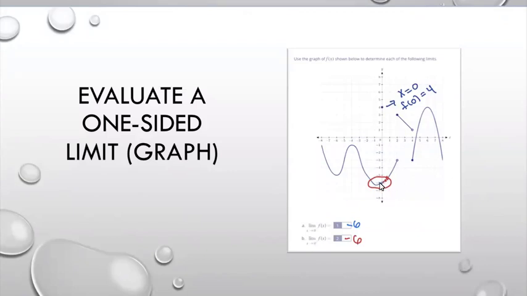So it doesn't matter that when x equals 0, y is not -6. The limit is -6, so the function is approaching -6 as we approach 0, but that is not the value of the function, and that is okay. So hope that is clear.